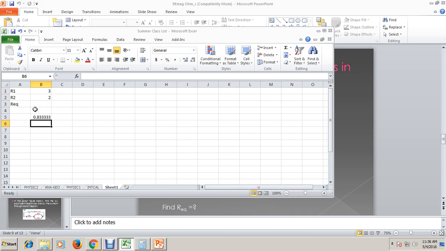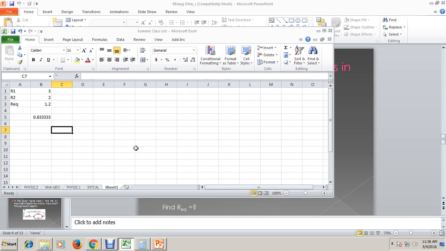But this is not equal to R equivalent. R equivalent is simply the reciprocal of the sum of 1 over R1 plus 1 over R2. This means the final step of the solution is that we will get the reciprocal of the sum on the right hand side of the equal sign.